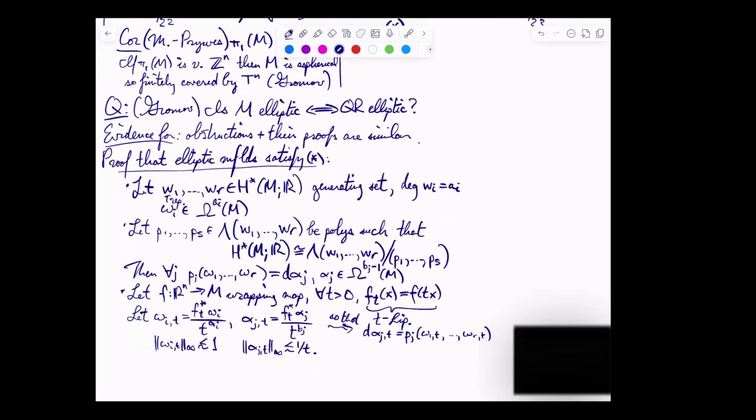Right, and now the fact that the map has positive asymptotic degree means that there's a sequence of t going to infinity such that if we take this integral, this is at least some epsilon.